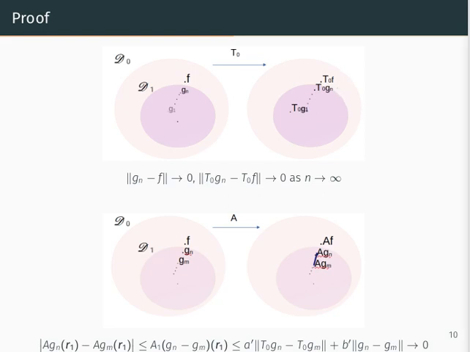Now let's see what we can say about the difference between A1 Gn and A1 Gm, which corresponds to this blue line.